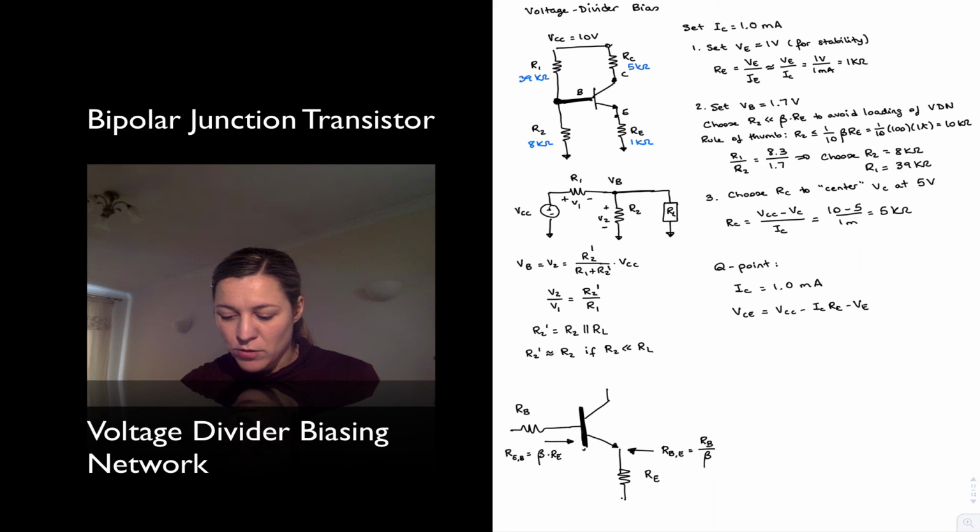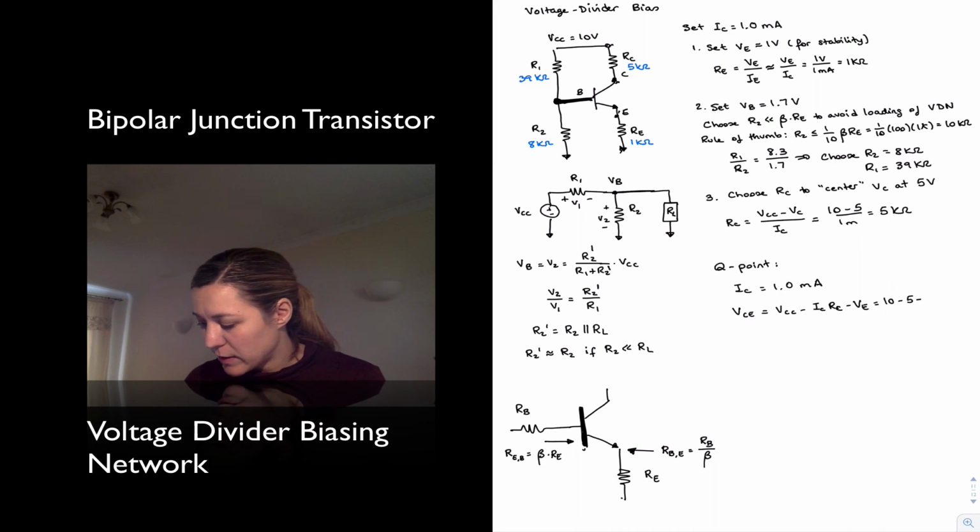So it will be the total voltage minus the voltage drop across RC minus the voltage drop across RE. That will be what's left for VCE. In this case, it's equal to 10 minus ICRC, which is 1 milliamp times 5 kilo ohms, or 5 volts. And VE is 1 volt by design, and so this will be a VCE of 4 volts. So that's our Q point.